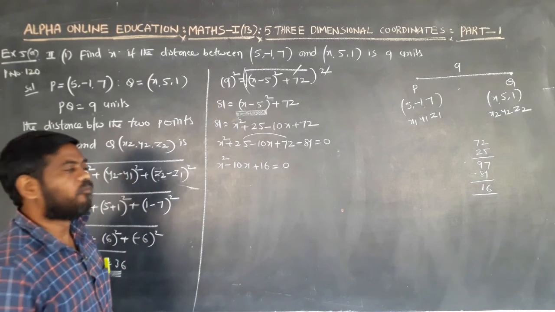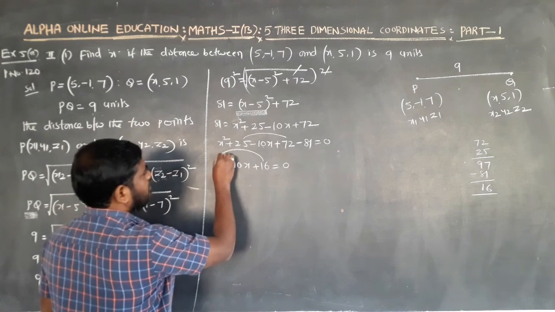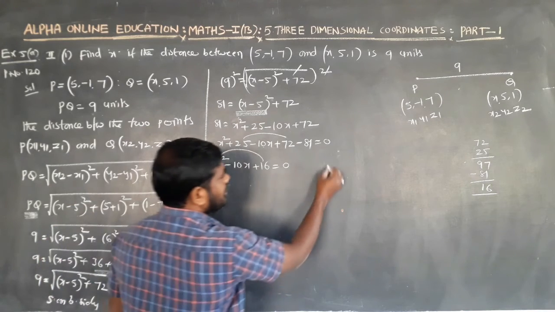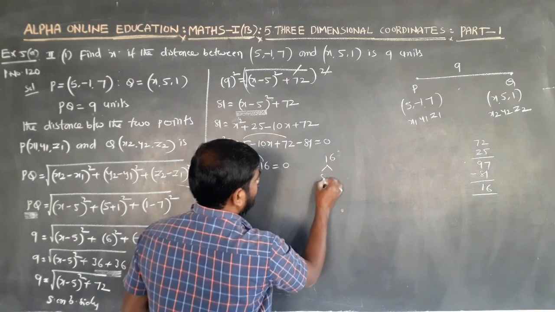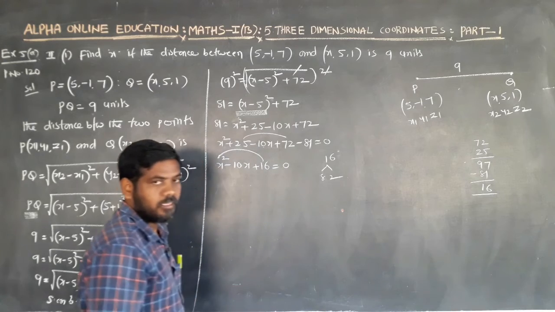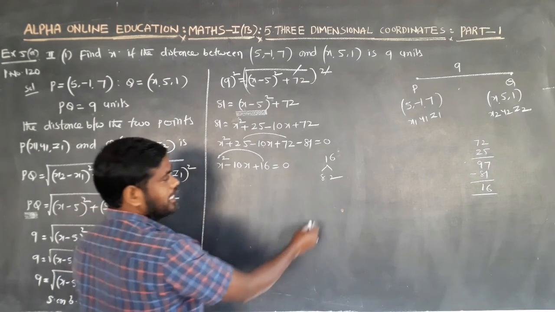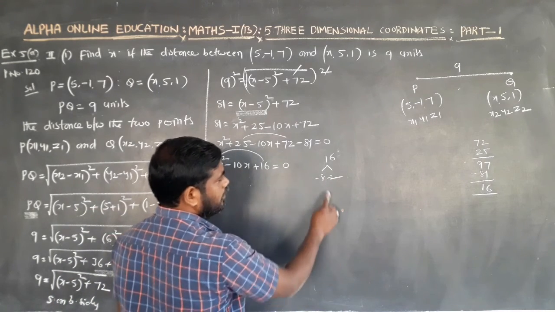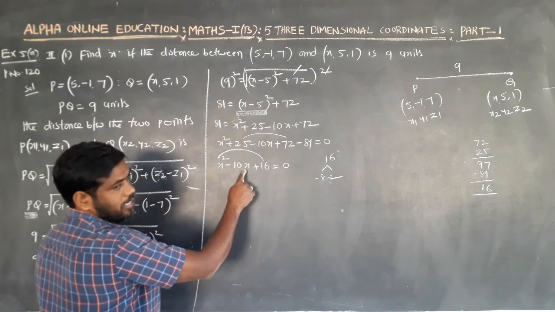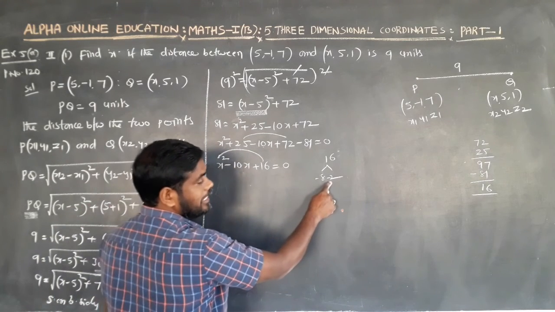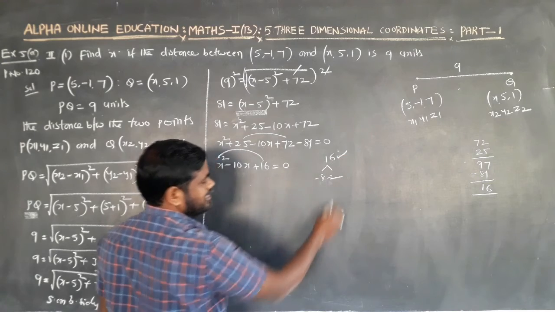Find the factors of 16: −8 and −2, whose sum is −10 and product is 16.